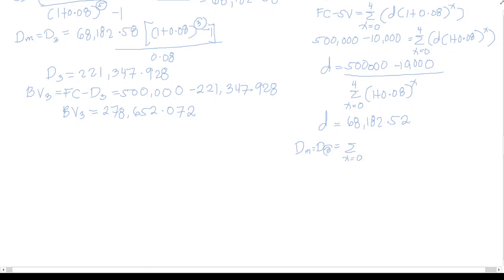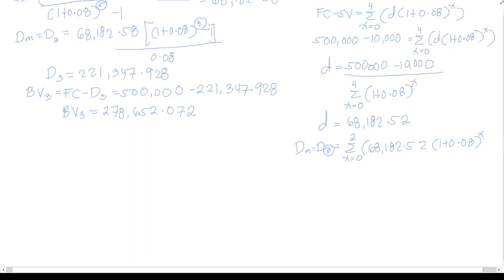Since that is 3 already, we use 0 to 2 years. That is multiplied by the depreciation, which is 68,182.52, multiplied by 1 plus 0.08, raised to x. The limit for that one is 0 to 2 years.